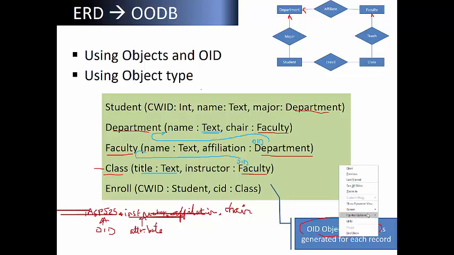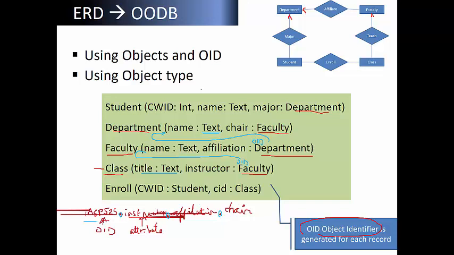So we have 3 dots used. Those dot operations function like a join operation, right? This OID has instructor objects. Instructor has affiliation objects. Affiliation has chair object.